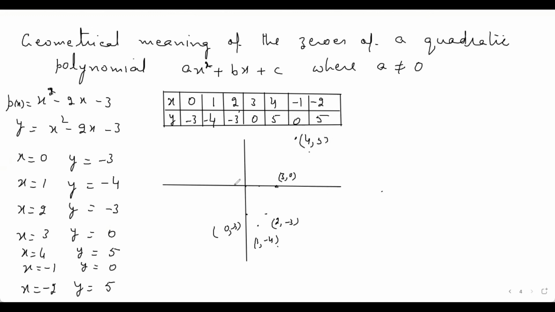X is minus 1, y is 0. This point is minus 1, 0. X is minus 2, y is 5. This point is minus 2 and 5. Now join these points with a free hand.